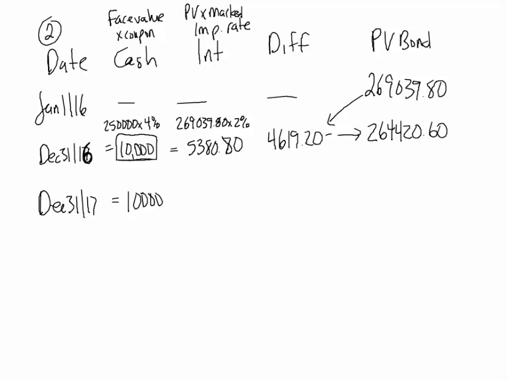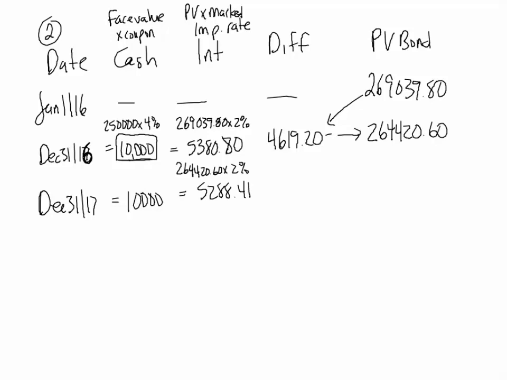I want the amount. 5288.41, you got it. Which is the $264,420.60 times 2% interest, rounded, is equal to 5288.41.